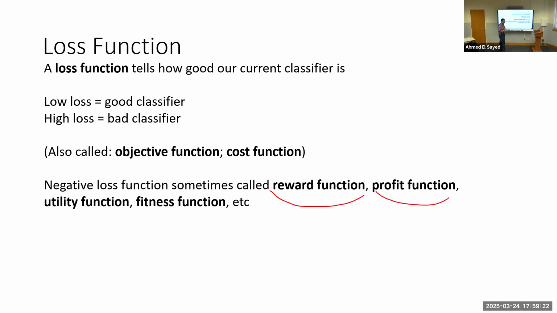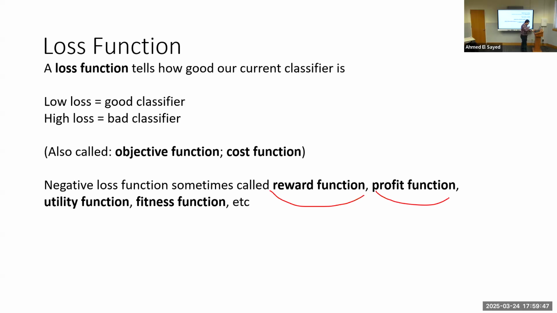So if you are coming from a business background, you may call it profit function or utility function. If you are coming from a mathematical background, you will call it fitness function or objective function or cost function. If you are coming from engineering, we call it loss function. So depending on your background, you will have the name for it.